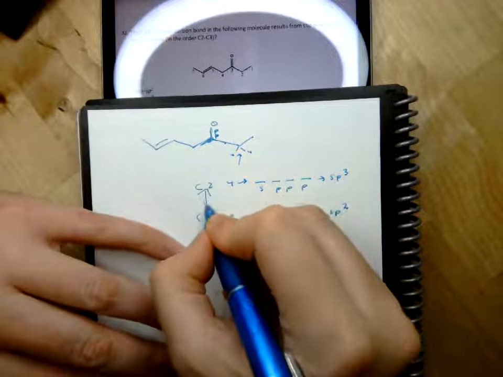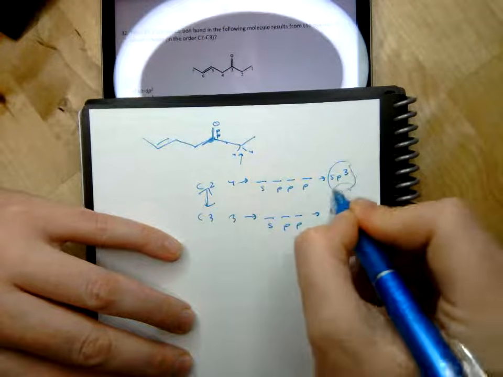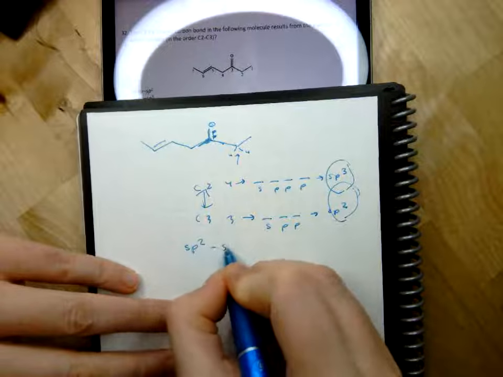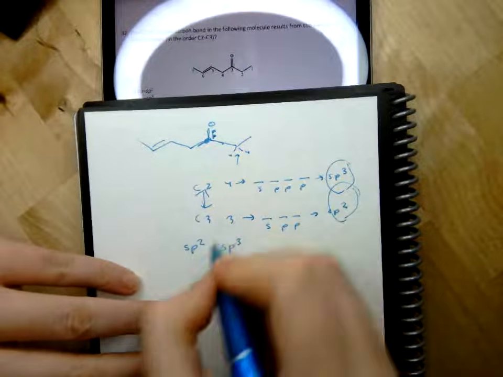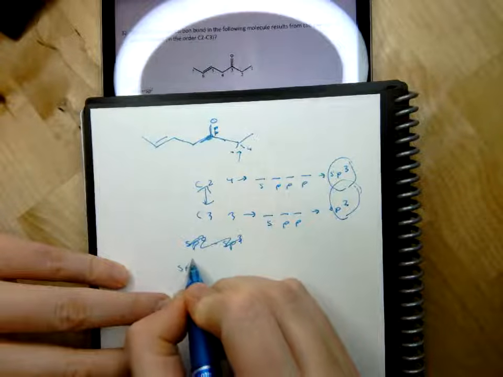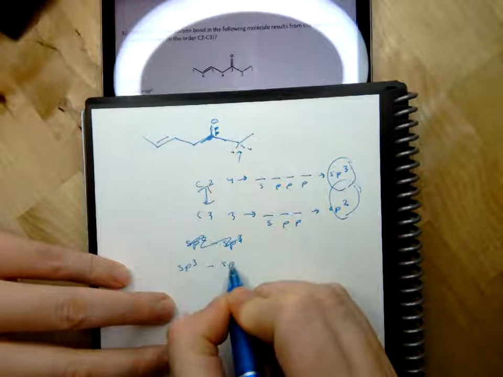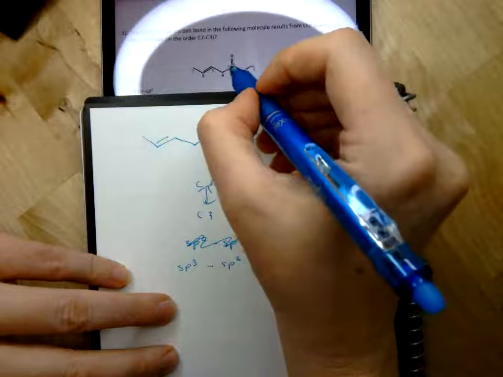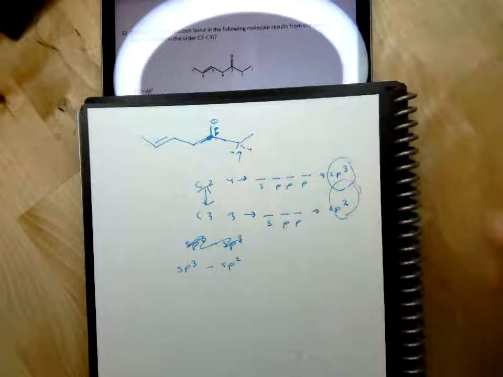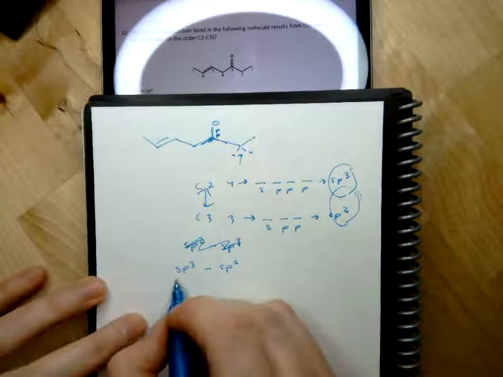So the bond between these is made up of the overlap of these orbitals. So it must be sp2, sp3. Oh wait, but it says in that order. So I think it's sp3, sp2, carbon 2, and then carbon 3. So sp3 first for carbon 2, and sp2 for carbon 3.